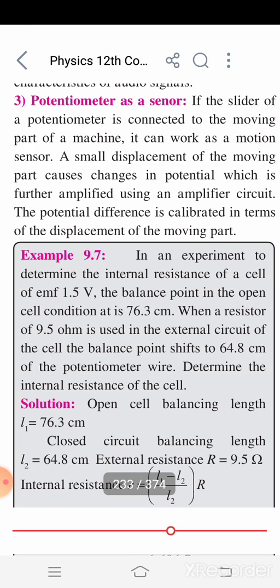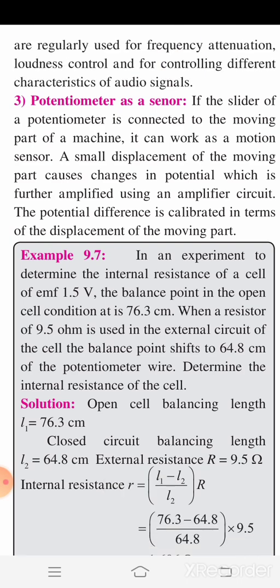Means to measure potential difference we displace the moving part of that machine, so that the potentiometer is used as a sensor. That is the third application of potentiometer, which is used for practical purposes.